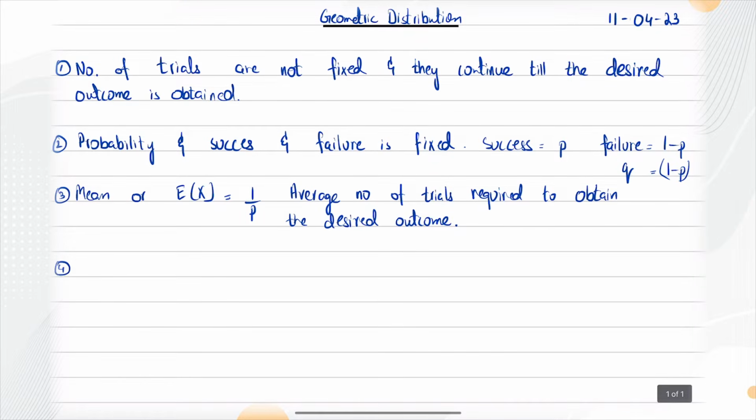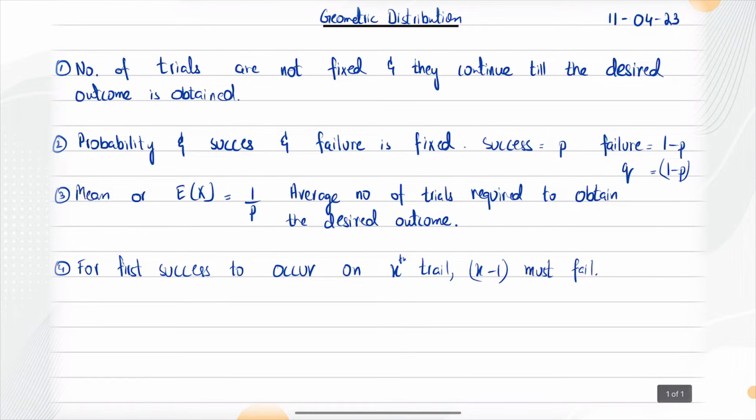Point number 4 is that for the first success to occur on the xth trial, x minus 1 must fail. What does that mean?